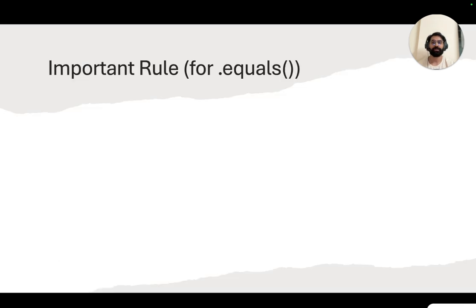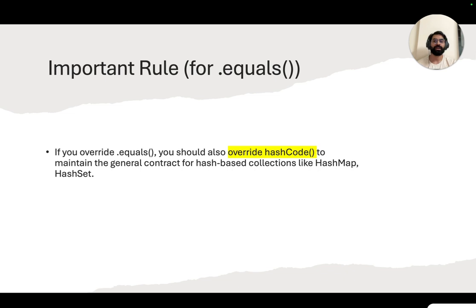The important rule about the .equals() method is that if you override equals(), then you should also override hashCode(), to maintain the general contract for hash-based collections like HashMap and HashSet. We are going to see later in this video what the contract between equals and hashCode is. But you should always remember, and you can answer in this manner, that if you are overriding equals in your Java class, then you should also override hashCode.